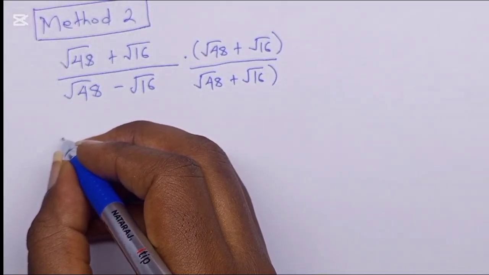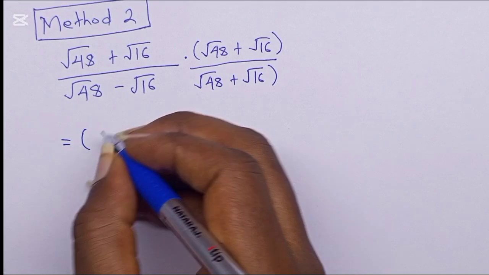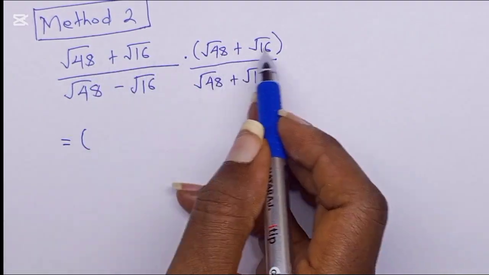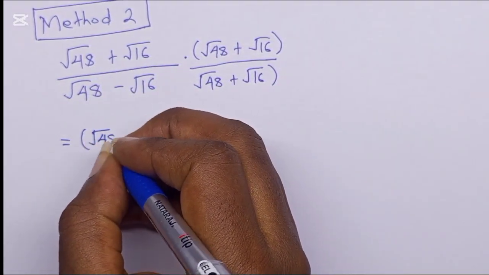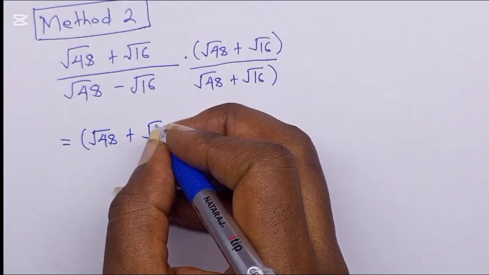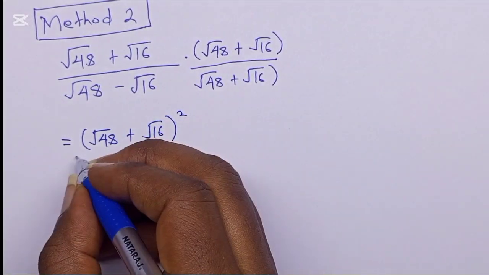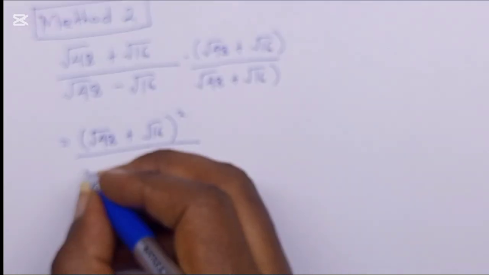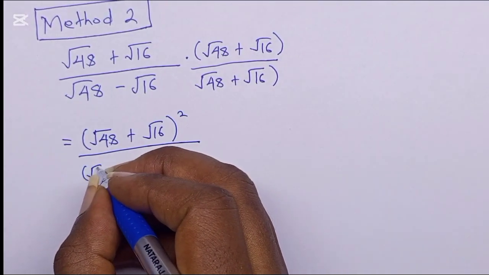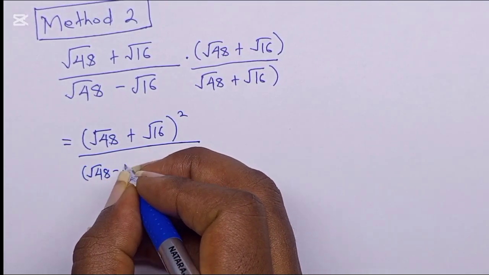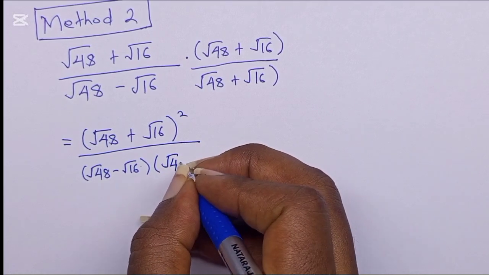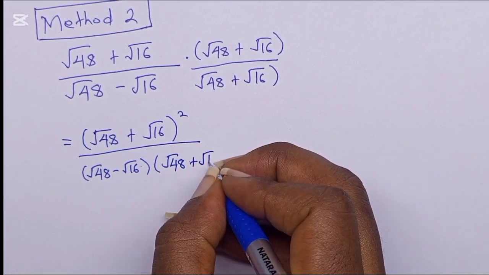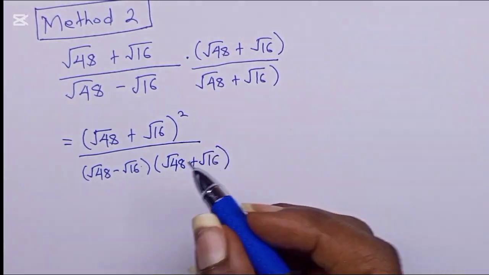So this will be equal to, as you can see, they are the same, so we can square. We can have root of 48 plus root of 16 squared divided by root of 48 minus root of 16 into root of 48 plus root of 16.